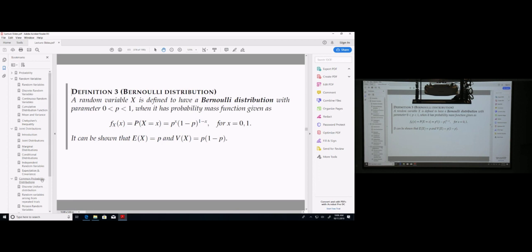And then we come to the chapter 4 that gives you a little bit more commonly occurring random variables that people use to model it. And because they are so commonly used, it deserves a study by itself.